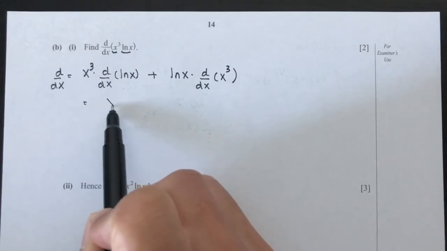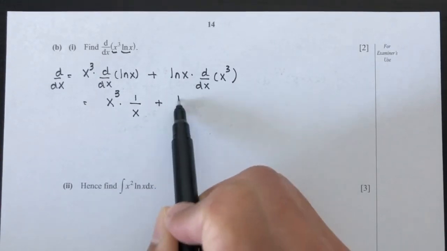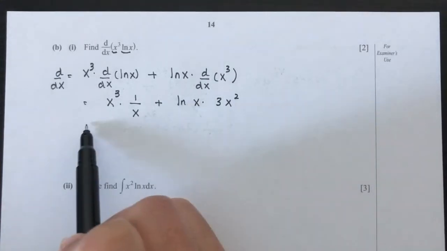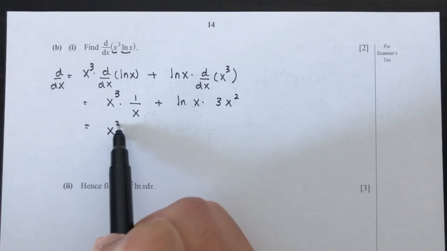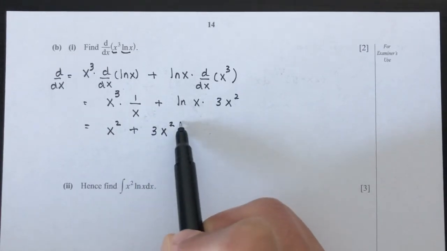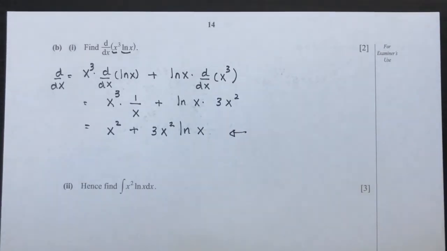That will give you x cubed times 1 over x plus ln of x times 3x squared. That will give you x squared plus 3x squared ln of x. And this is your answer for part 1.